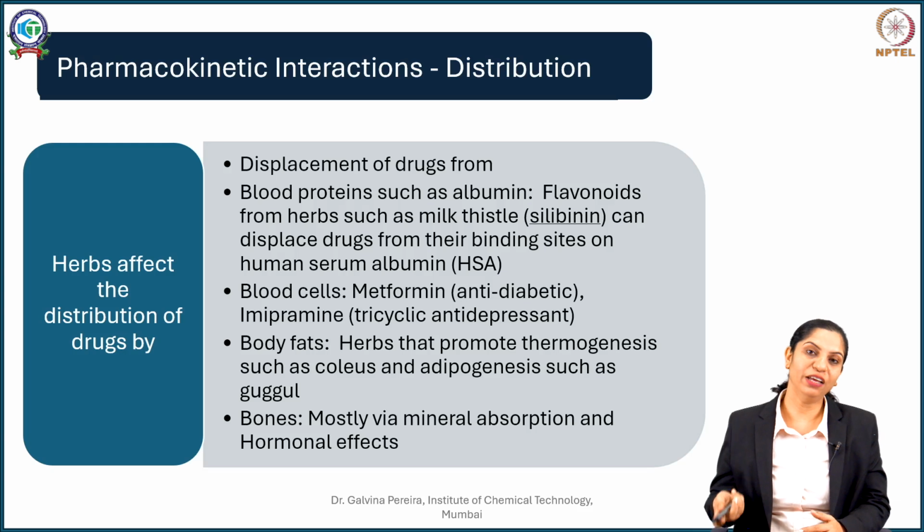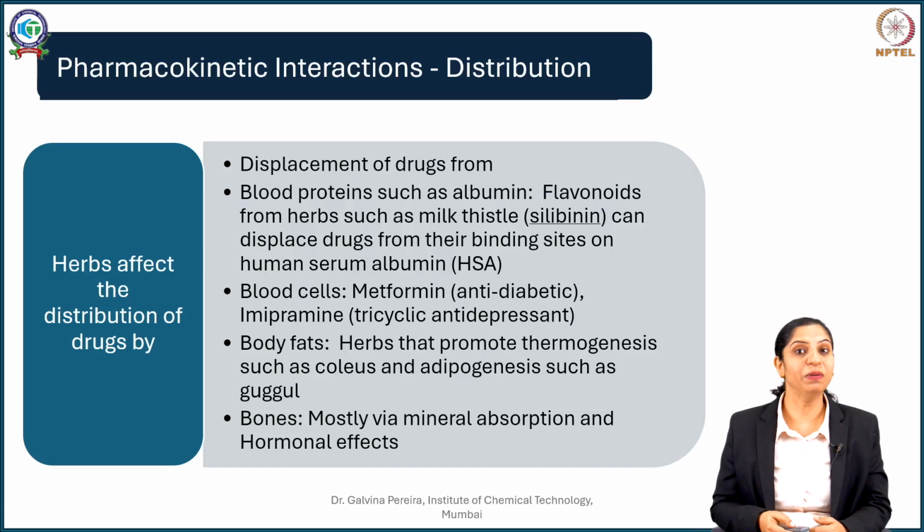Now imagine if your herbal phytoconstituents also show a similar ability. They are going to kick these molecules off the RBC, and overall these molecules will now be in the bloodstream, leading to a potential enhancement in the effects of the drug.